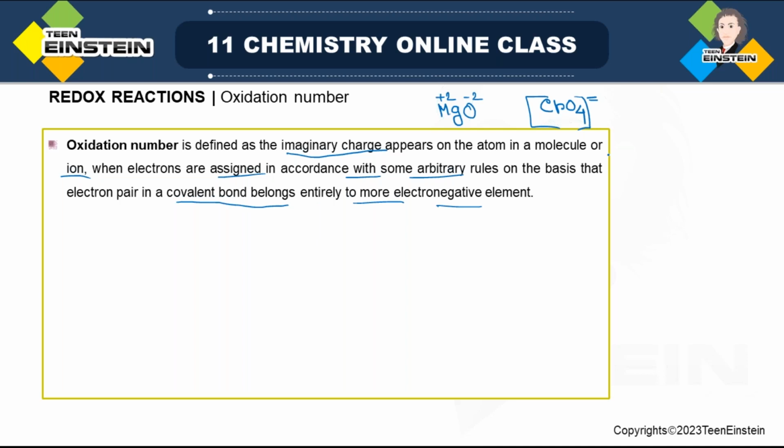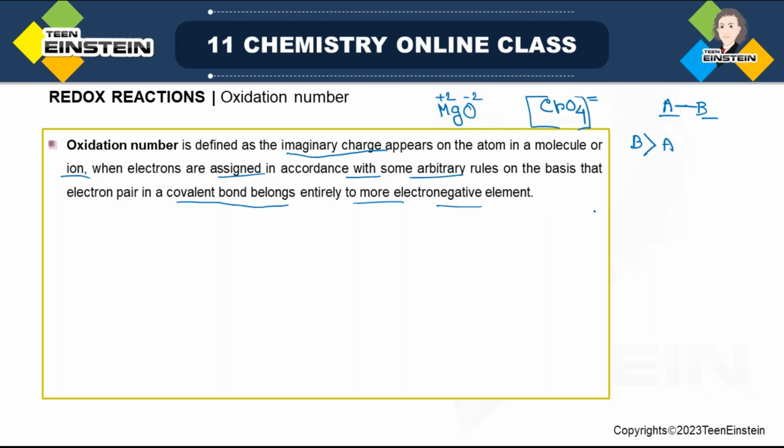Now what does it mean? Suppose you have a bond between two atoms A and B. A and B are obviously different elements. Now suppose B is more electronegative than A. That means you can think as if these electrons entirely belong to the electronegative atom.